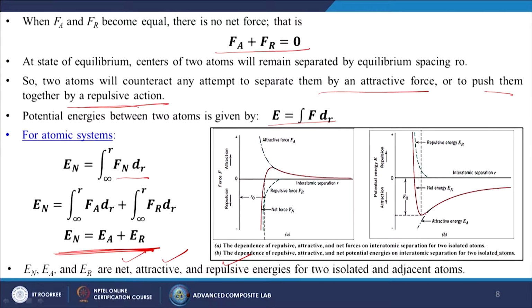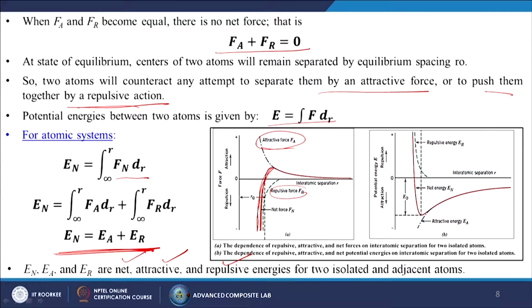In this plot you can see the attractive force, then the repulsive force, and then the net force in this particular line. This is known as r0. Now, if we put a tangent over there.